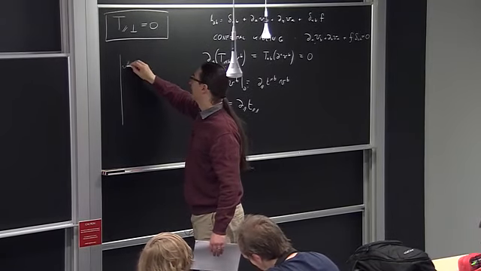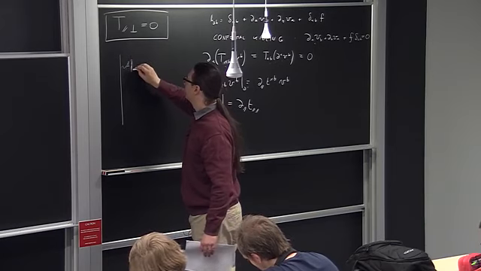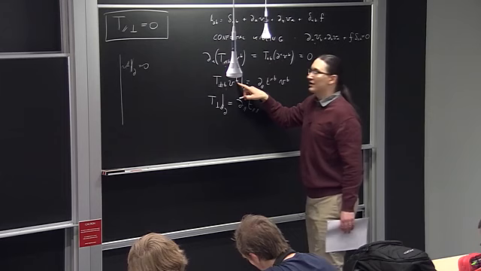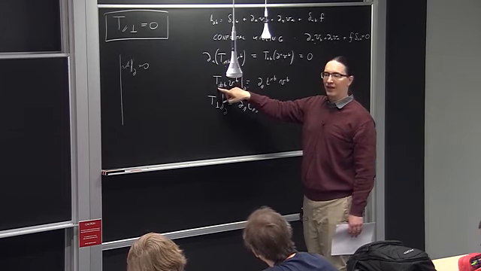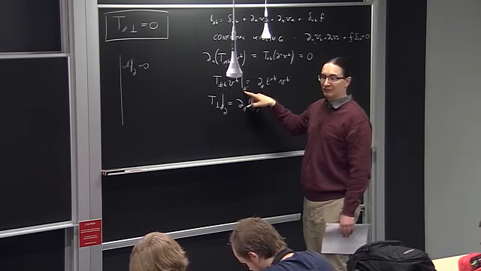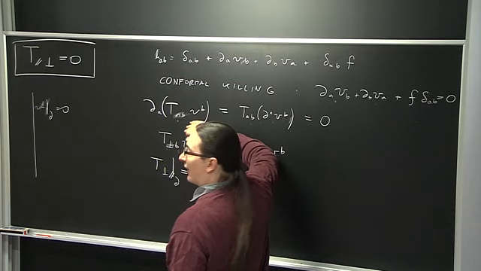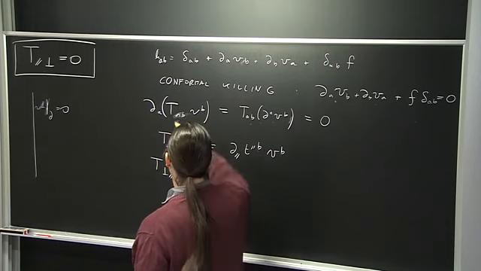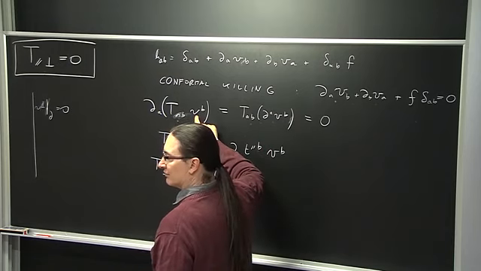So V perpendicular vanishes at the boundary. So this only has parallel components. So if V perpendicular vanishes at the boundary, then clearly I have my condition, right? That the normal component of this vanishes.